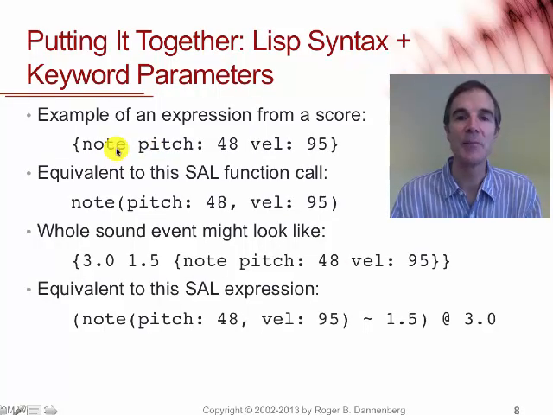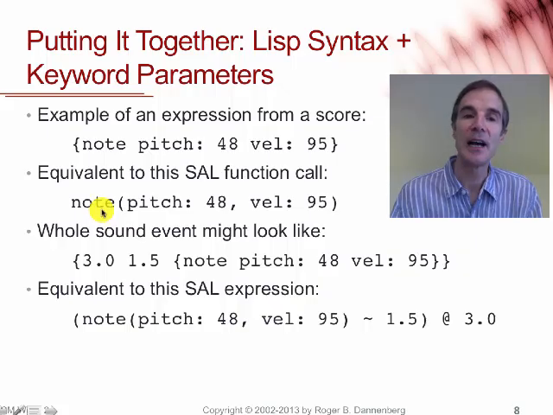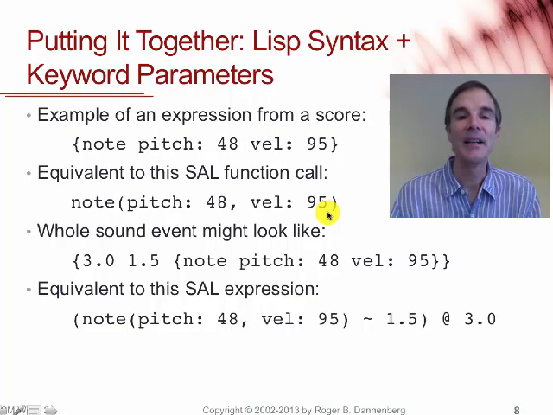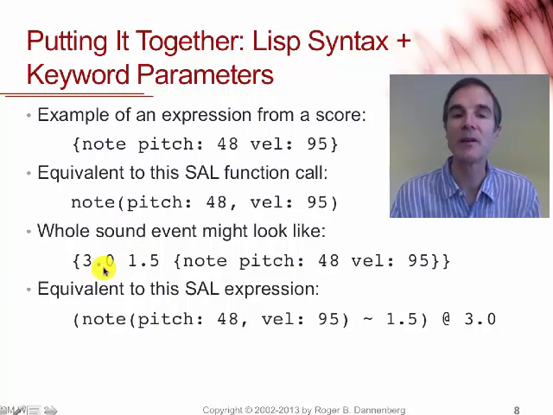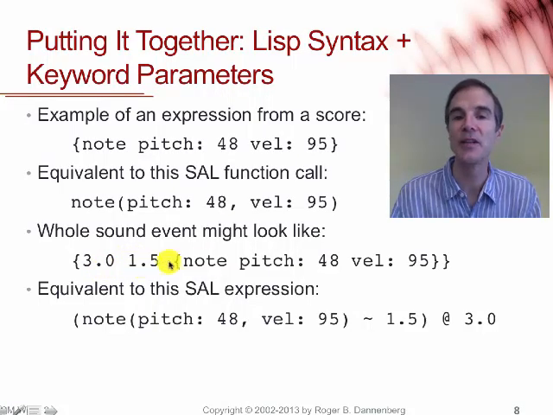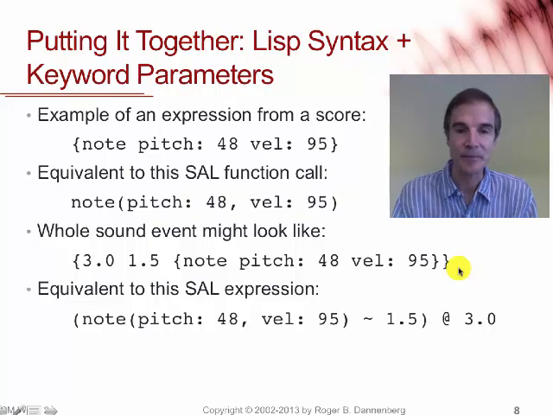And so here's an example of an expression in a score. We write the list note, pitch is 48, vel is 95. This is equivalent to the SAL function call note of pitch 48, vel 95. And the whole sound event, remember, includes the starting time and the duration as well as the sound. So we could construct the whole sound event using an expression like this.